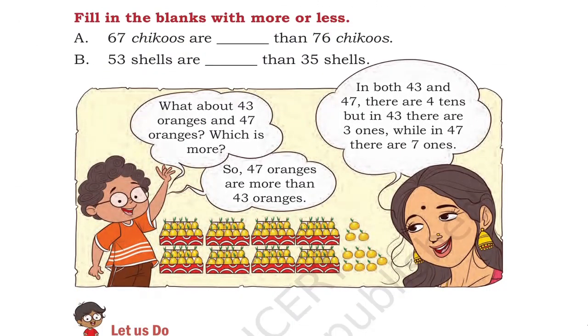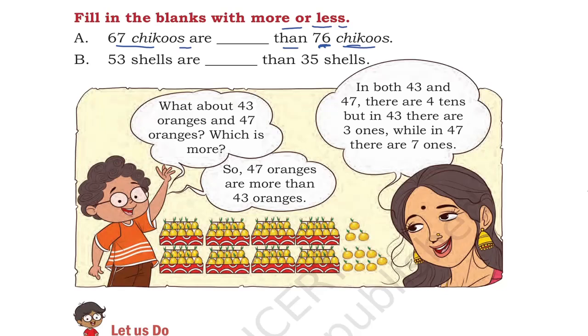Coming to the next concept, fill in the blanks with more or less. 67 chikus are dash than 76 chikus. You have to tell which one is more or which one is less. So are 67 chikus more than 76 or less than 76?